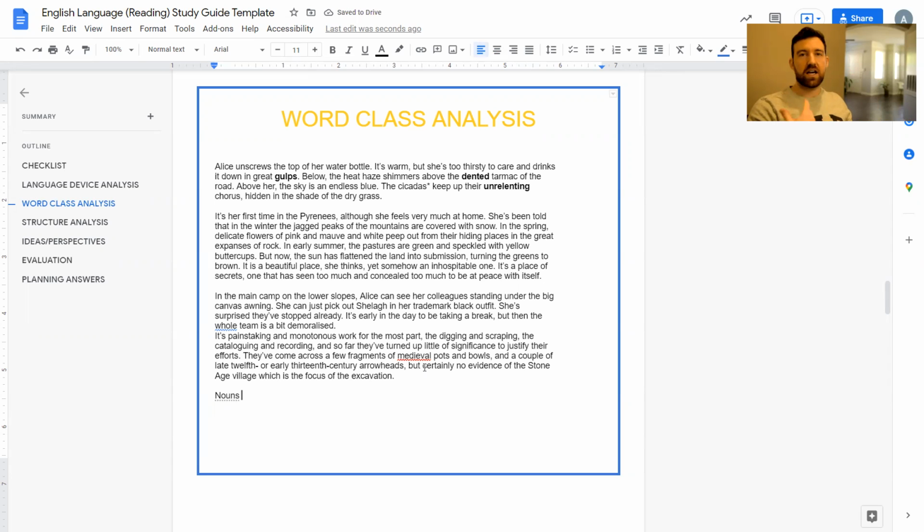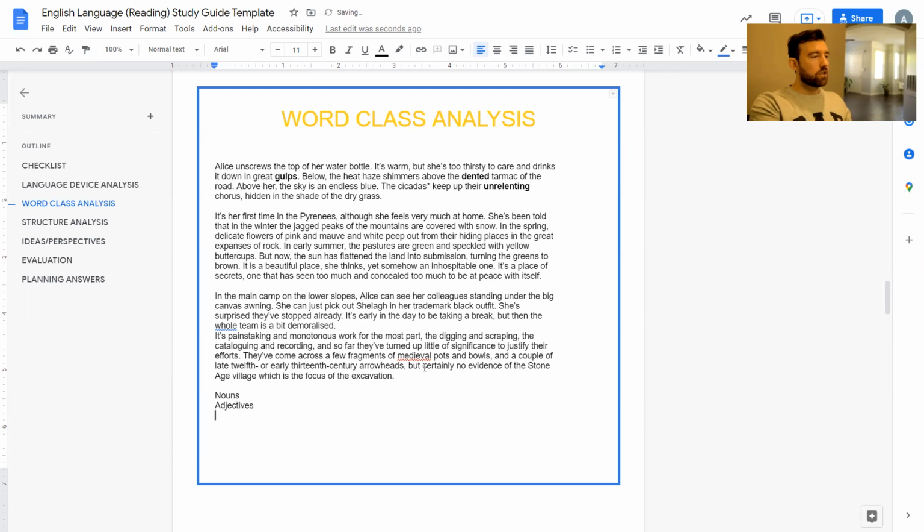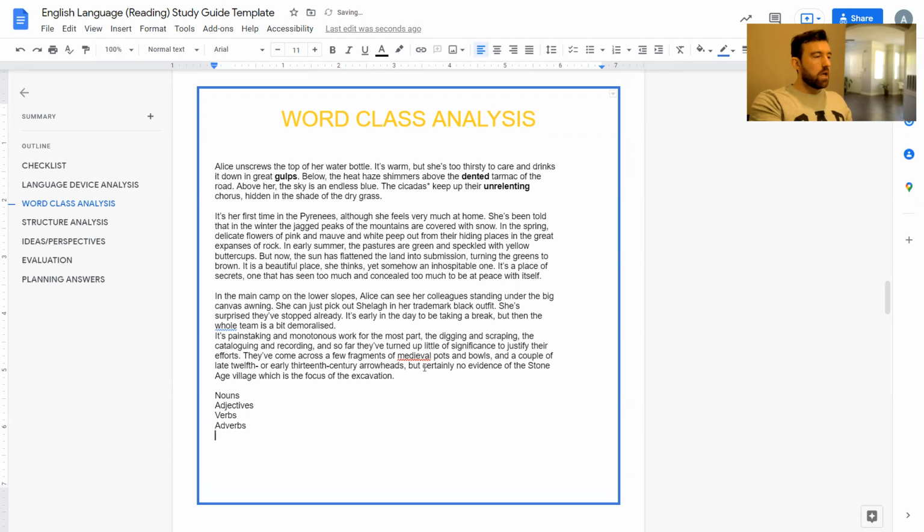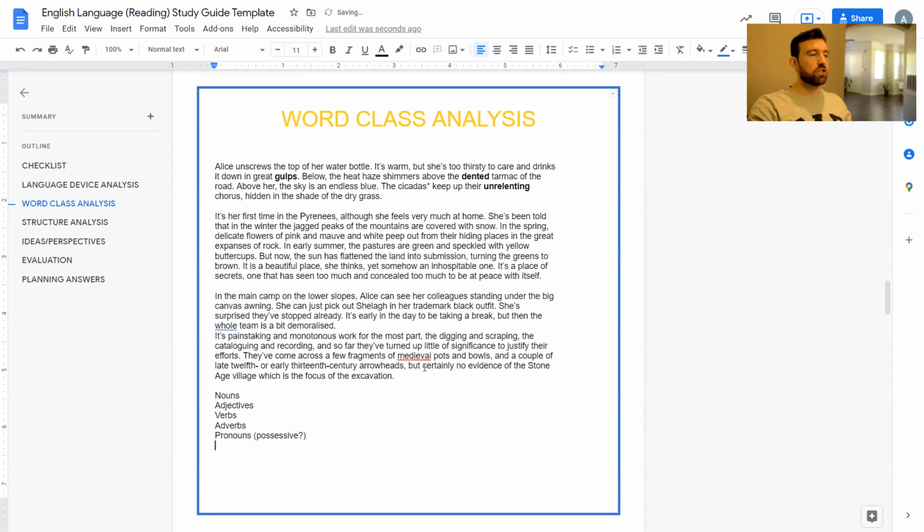You've got concrete nouns, abstract nouns, proper nouns, collective nouns. But generally, let's just focus on nouns for now. You've got adjectives, you've got verbs, you've got adverbs. You might go into some things like pronouns or possessive pronouns, potentially, depending on the points that you will be doing. You might go into conjunctions.